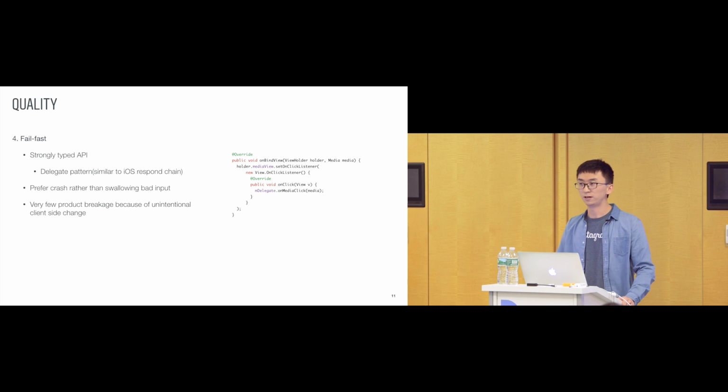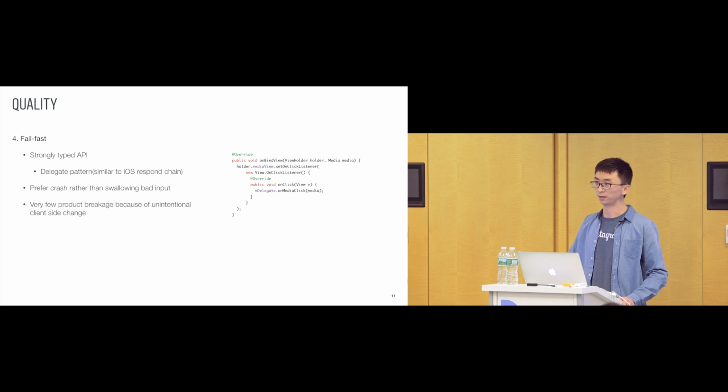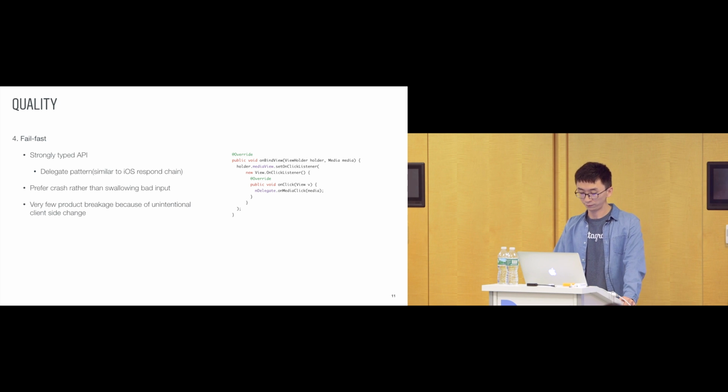The next thing I want to talk about is the fail fast philosophy. In my opinion, this is the part where we keep our app's quality very good in the market. The fail fast philosophy means you always want to detect the error as early as possible.